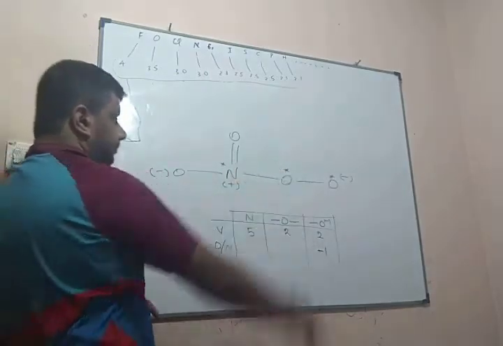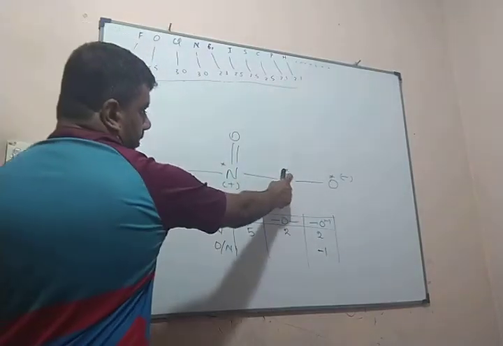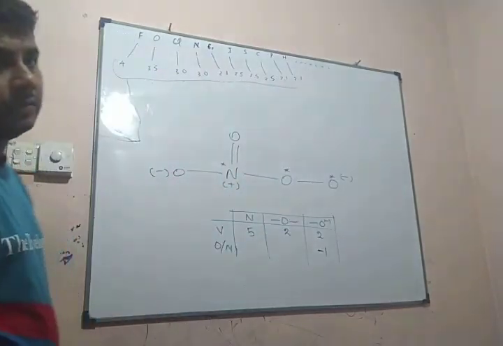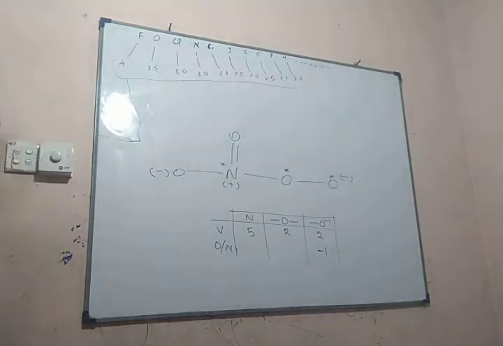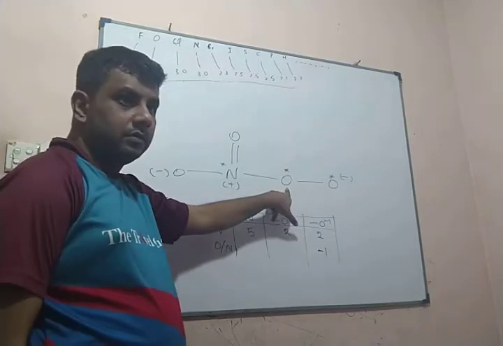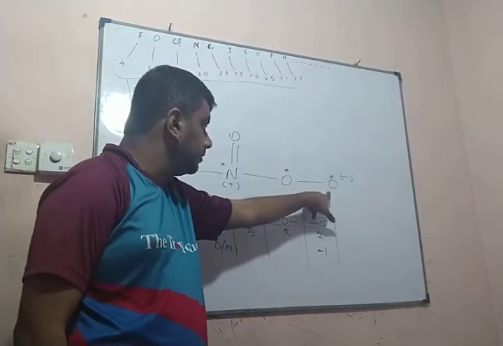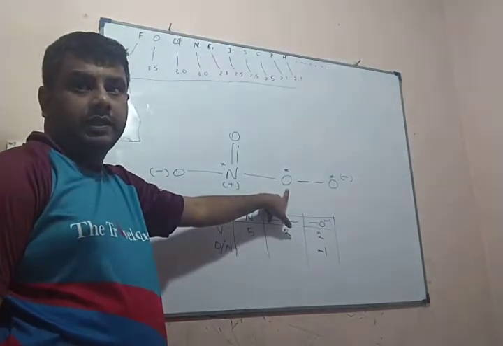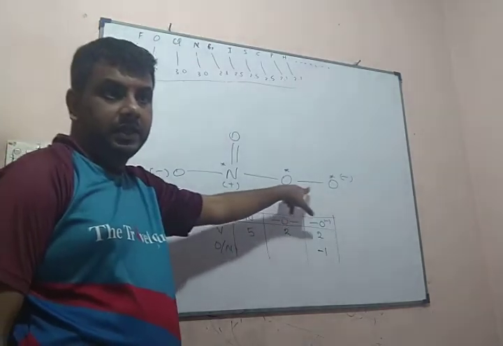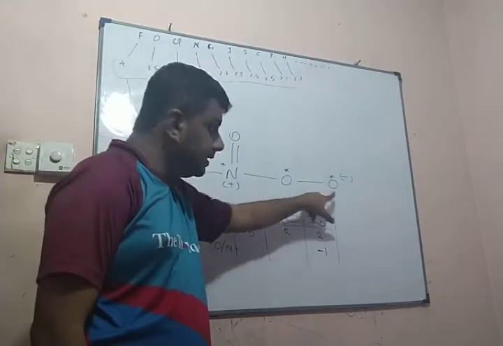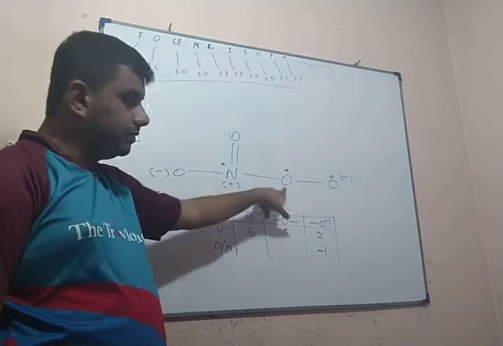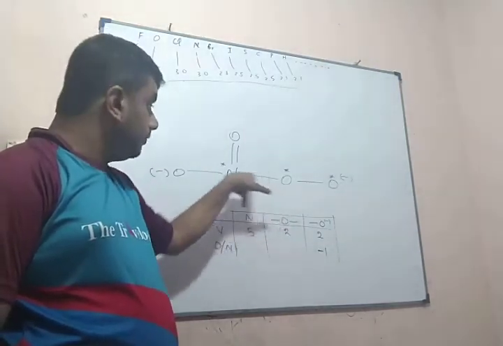And for this middle oxygen, central oxygen, what's the oxidation state of central oxygen? From this side, the charge is 0. Why? Same atom. From this side, different atom.